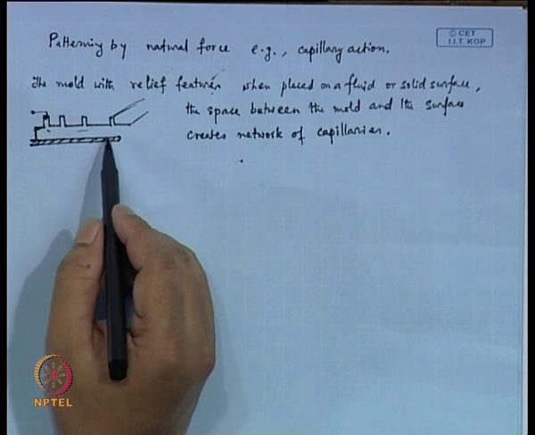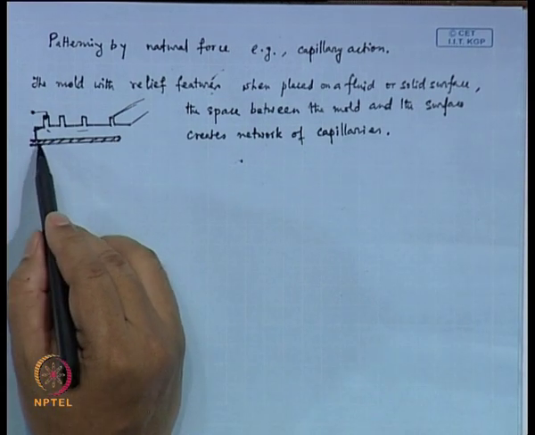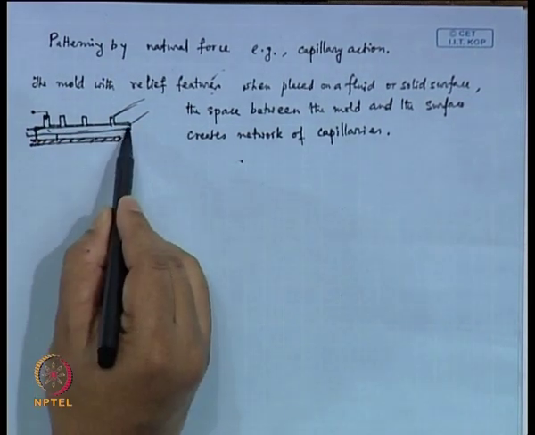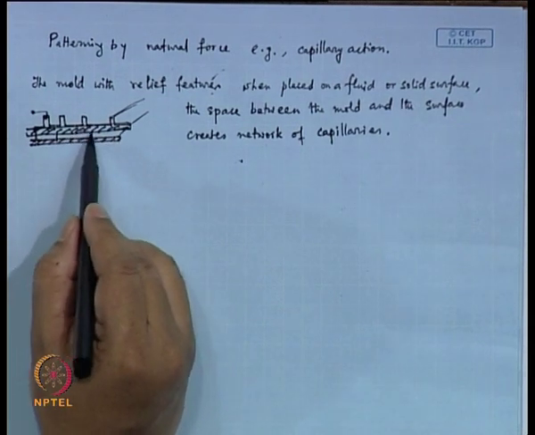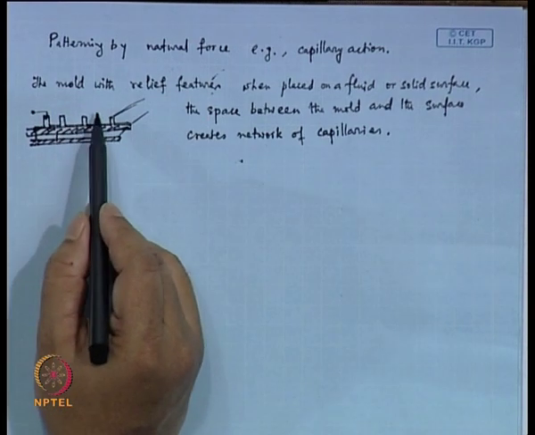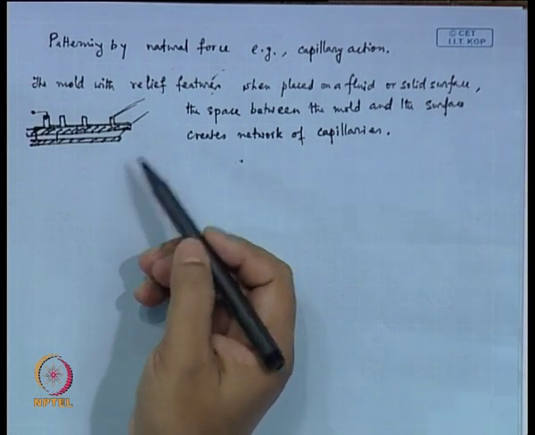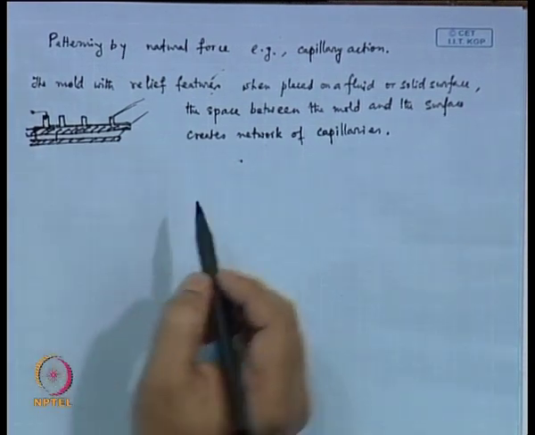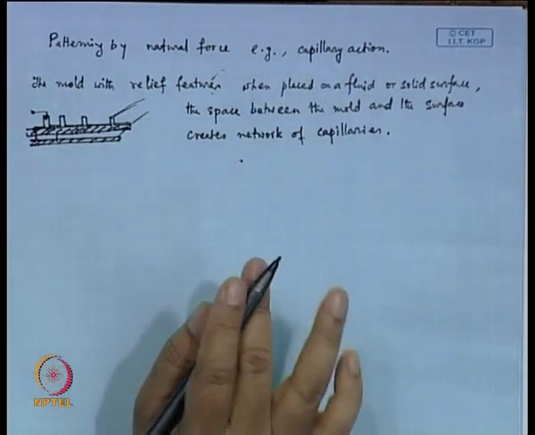You understand what I am talking about? Then this spacing is gone. So, if I advance this substrate, this is the place where the substrate is now. So then these would be forming. All these channels or the raised places will form a network of capillaries, if we introduce polymer at one end of the channel. So, there is a network of capillaries, this you understand.